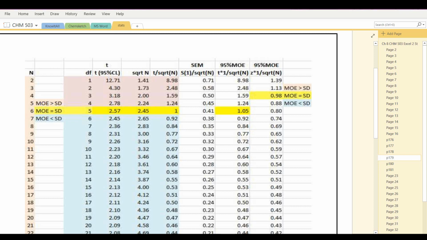Now when we use the z-stat instead of the t-stat, z times sigma over root of n, assuming again that sigma is 1, it's only when the number of samples reaches 4 or more, the degrees of freedom reaches 3 or more, that the margin of error actually is smaller than the population standard deviation.